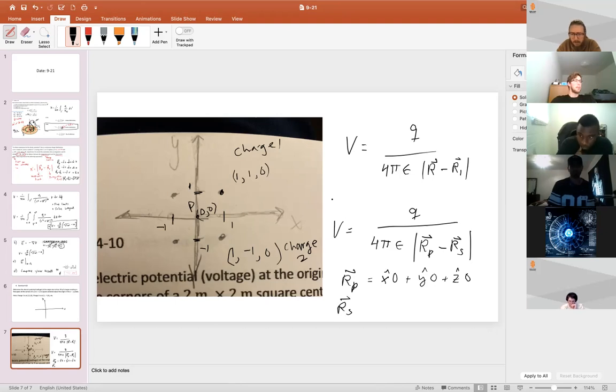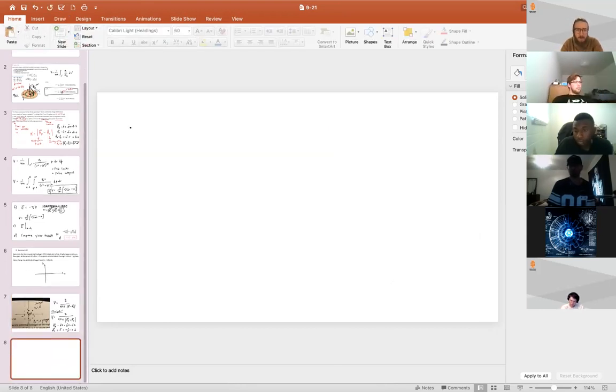And if we're doing this for charge 1, say voltage 1, what is a vector from the origin to the source point? 1, 1, 0. Okay, so then what does this magnitude equal? Root 2.